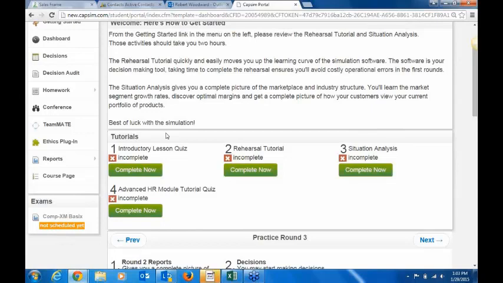So there are going to be some assumptions and a little bit of guesswork, but that's with any new competitor. You're not going to know exactly what to expect until you have some results from them.